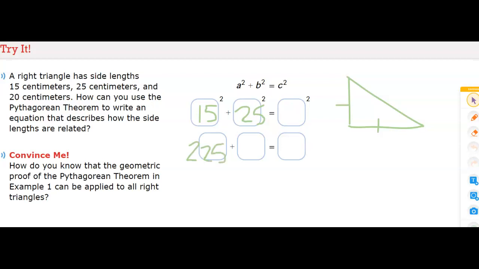And then if I do 25 times 25, that'll give me 625.